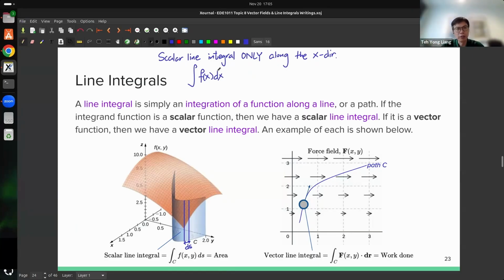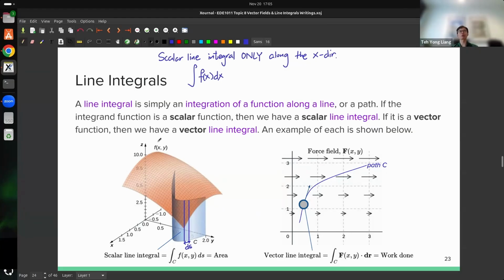More generally, this line or curve C can be any path in 2D space if your function is f of xy.